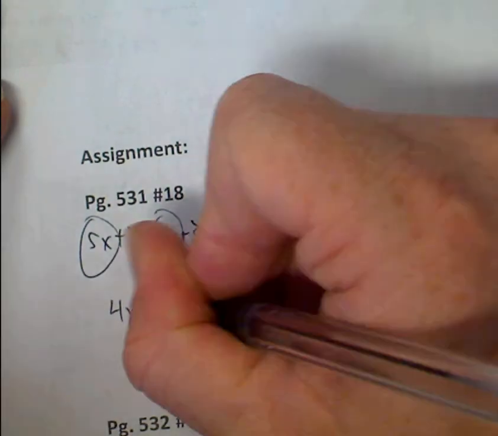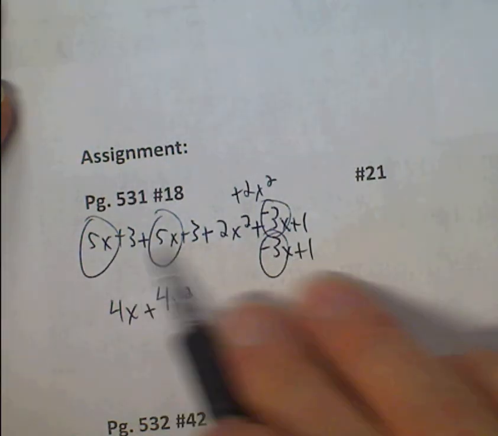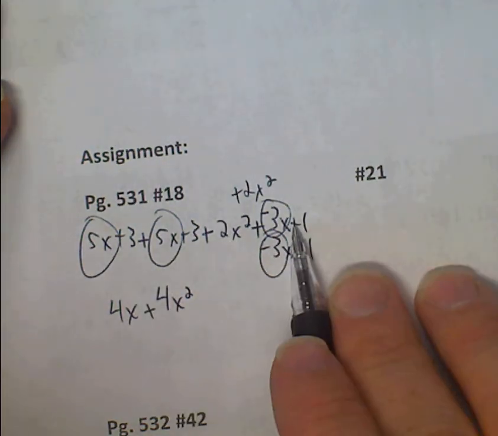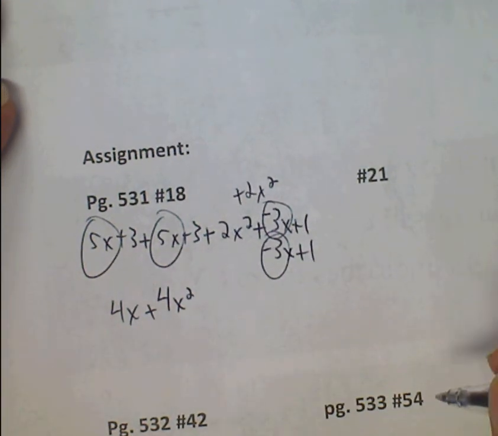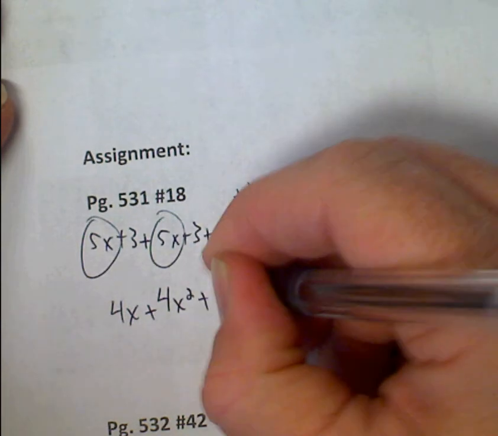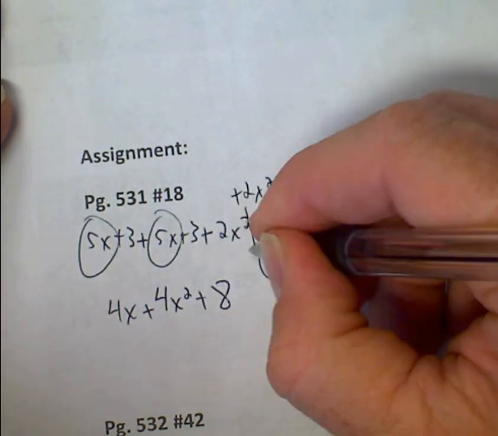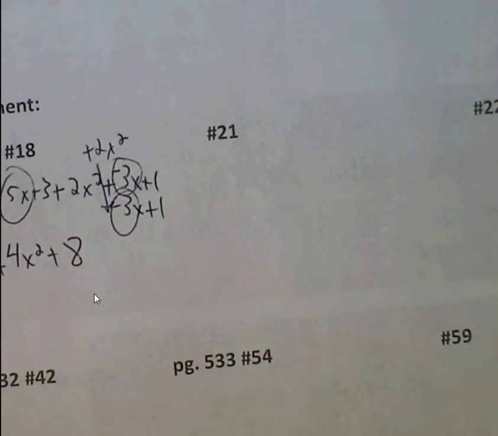So that would be 4x squared. And then I got 3 plus 3 is 6 plus 1 is 7. So there is our answer.